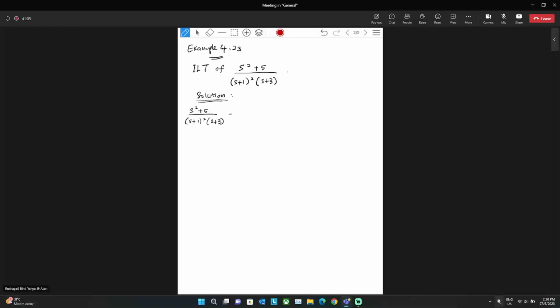Okay, class. So we have s squared plus 5 over s plus 1 squared, and then s plus 3, equals a over s plus 1 plus b over s plus 1 squared plus c over s plus 3.